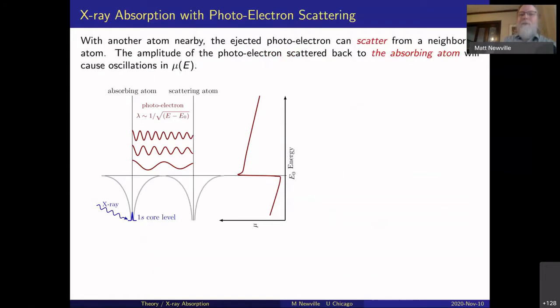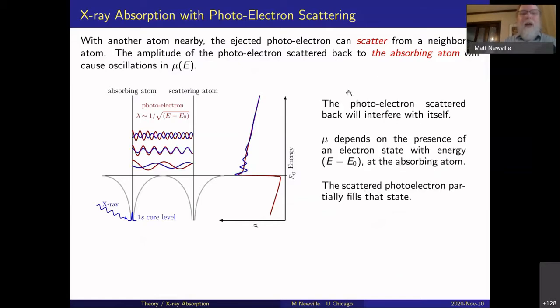Now, what happens when we put a neighbor next to the atom? Well, that photoelectron can scatter from the electron density of the neighboring atom. You can call it the neighboring atom, we also call it the scattering atom. That's the neighbor that scatters the photoelectron. And that scattered photoelectron can make it back to the absorbing atom itself.